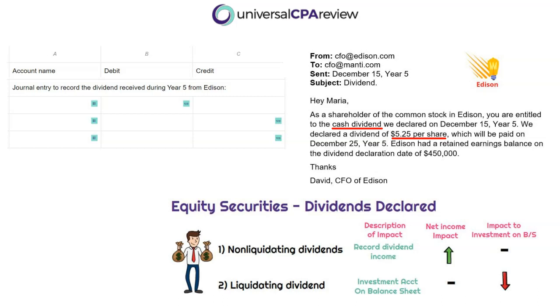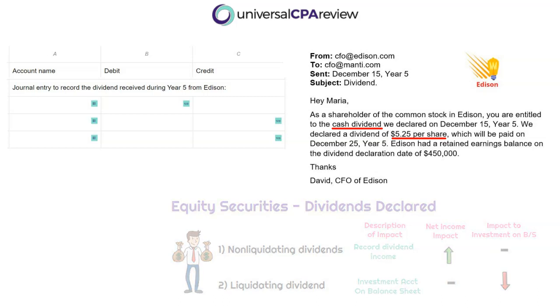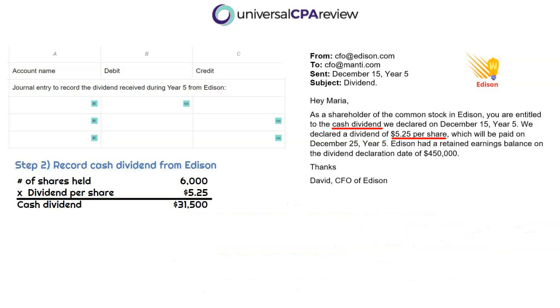Otherwise, we're not going to have the right journal entry and our financial statements would be incorrect. As you can see in the calculation, the first thing we'll do is figure out what cash dividend Manti actually received. So 6,000 shares times $5.25 means the cash dividend they received is $31,500.